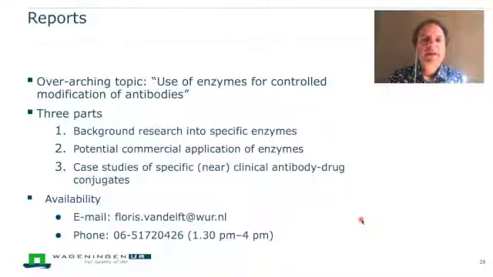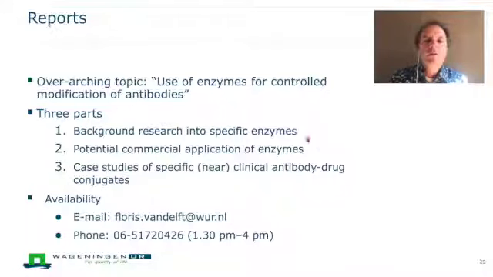As said, ADCT-601 serves as an example how enzyme and click chemistry can be used to make antibody-drug conjugates, or more generally, how an enzyme can be used for the controlled modification of an antibody. So the assignment for your case study will be, with your group, to look into 3 different aspects of enzyme modification of antibodies.